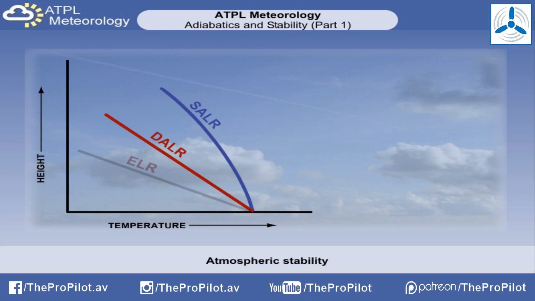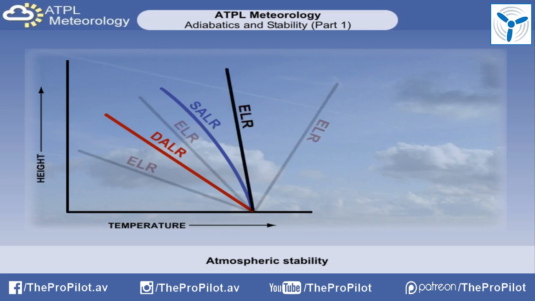These lines are the DALR, the dry adiabatic lapse rate, the SALR, or the saturated adiabatic lapse rate, and the ELR, the environmental lapse rate, which is the actual prevailing conditions at any one point in the atmosphere, since air is rarely completely dry or completely saturated. Note, though, the ELR is not fixed. It is very variable and will be different from day to day.